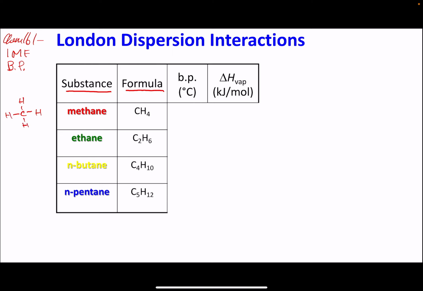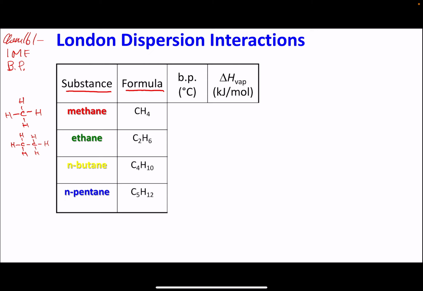In ethane, we've extended that by one carbon, so we can think of the central features of the molecule as being a C-C single bond, and then we populate the remaining spots around it with the necessary amount of hydrogens to completely satisfy octets at carbon and duets at hydrogen. So there's ethane.